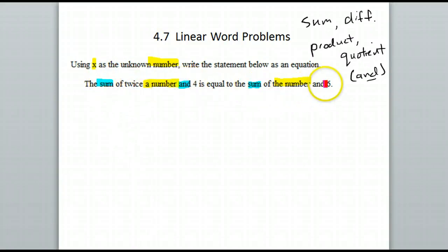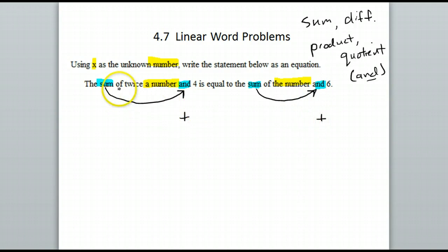Here's sum, there's the word and. Where that and is, I associate that with the operation symbol. So there's sum, there's and, I put a plus sign there. Okay? And then what goes in front of that plus sign is what's in front of and. Twice a number, 2x. What goes after that is the number that's after the word and.